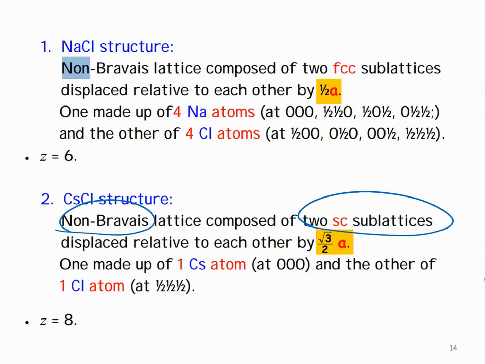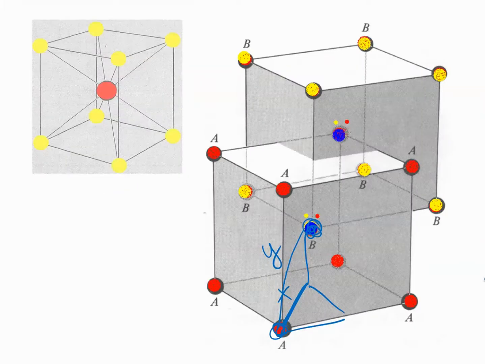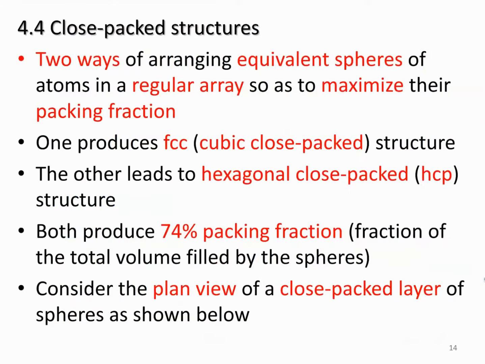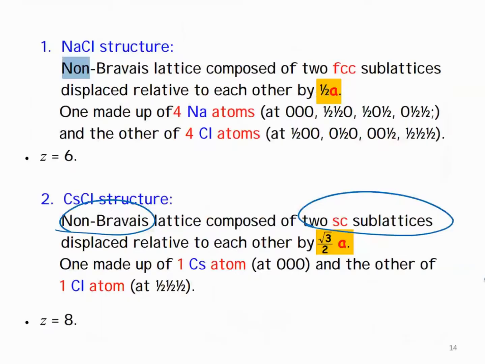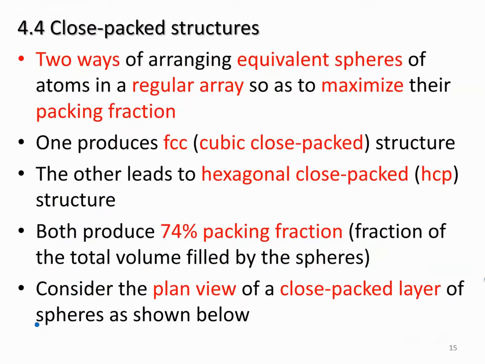You can calculate the distance between this one and this one, so this is how much it has been displaced. One makes up the cesium atoms, the other one the chlorine atoms. Why 1? Because 1/8 times 8 equals 1. The contribution equals 1.